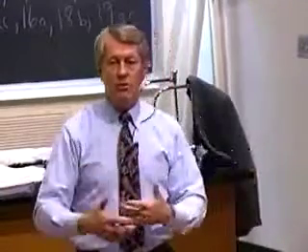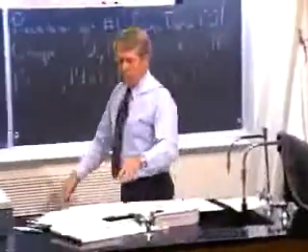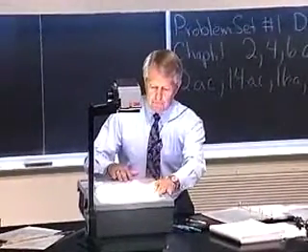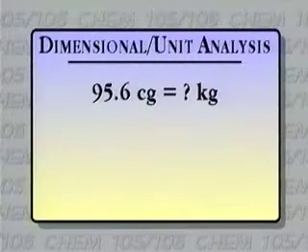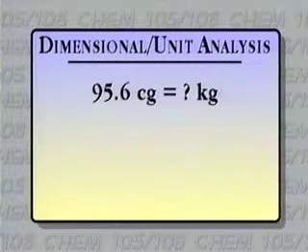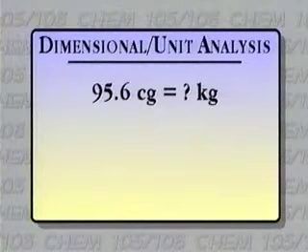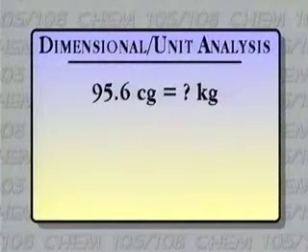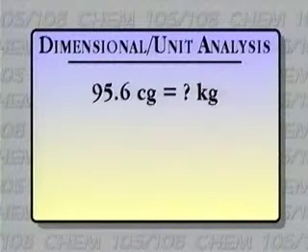This probably makes more sense as I do a couple of sample problems. Well, let's look at problem number 11 at the back of the book, assuming that I wrote it down correctly. The question is, if we have 95.6 centigrams, how many kilograms do we have? So, using dimensional analysis, what we want to solve for is kilograms.